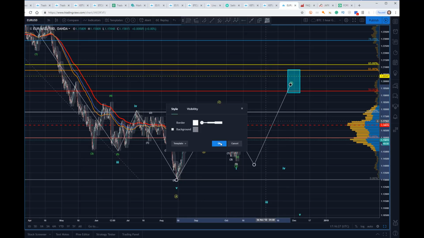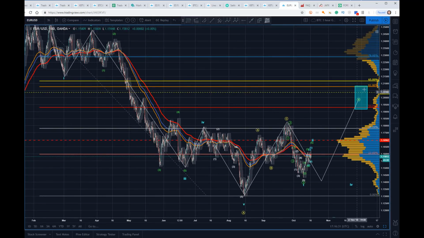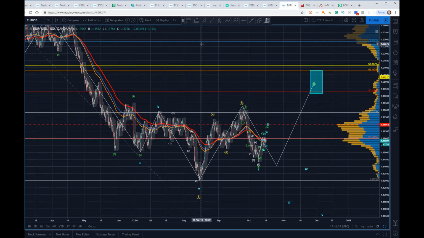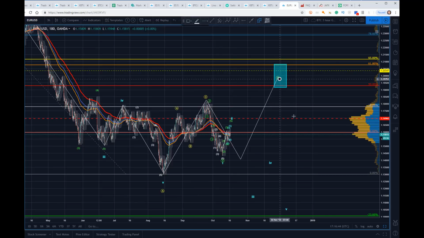If you think about the length of time, the symmetry would be better here, and this would put us into our probability zone. So that would be the idealized way to approach this. If we get a nice clean ABC, we go into that high probability zone, which sets up the trade to push for that move down, at least to the first algo target.